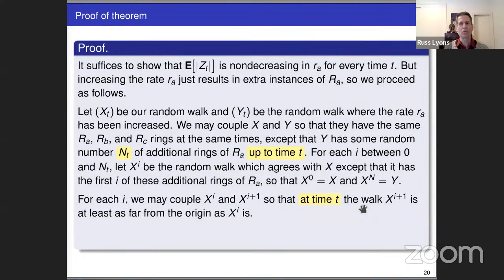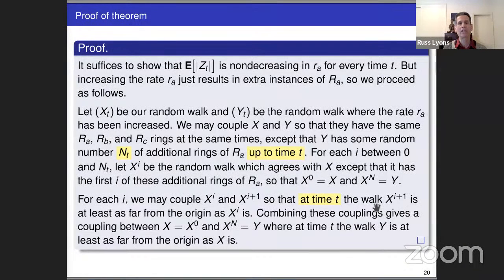From step 2, which I proved using step 1, I can couple x^i and x^(i+1) such that every time after that extra ring, in particular at time t, the walk x^(i+1) is at least as far from the origin as x^i is. And so if I put together all of these couplings, I get a coupling between x and y, where at time t, the walk y is at least as far from the origin as x.